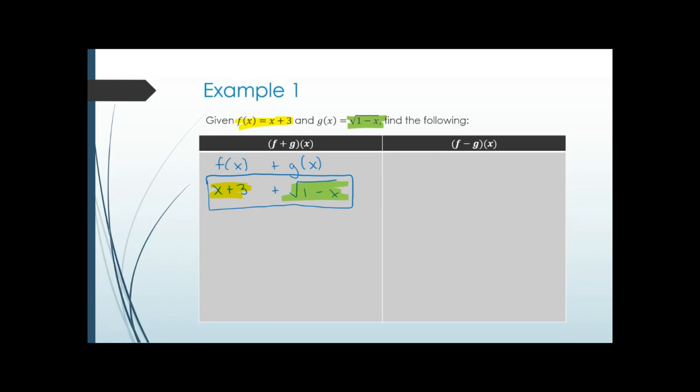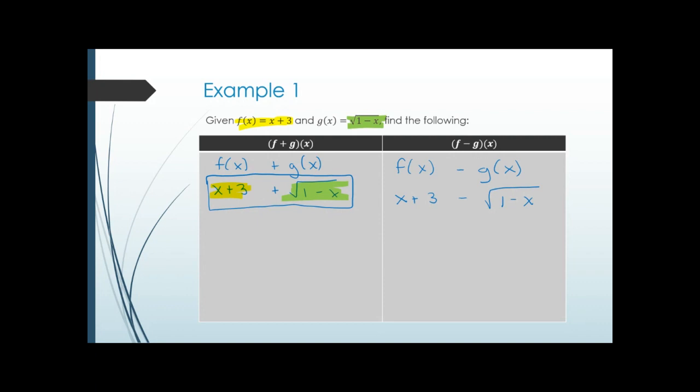So you're just literally adding those together and then combining them if you can. f minus g of x, that is the same thing, you're just subtracting. So f of x minus g of x gives us x plus 3 minus the square root of 1 minus x. And again, that can't be simplified.